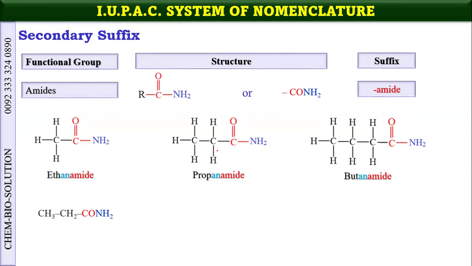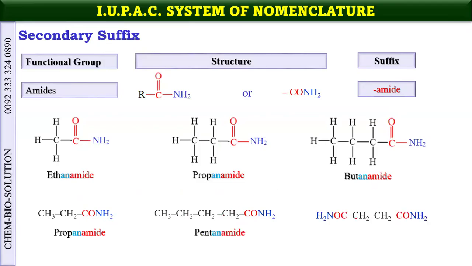So this is not the fully displayed formula, but the partially displayed formula. And this is the structural formula, propanamide. Both are the same thing. And 1, 2, 3, 4, 5, pentanamide. And this is the diamide. So butanediamide. Again, amide also has only one free valency that could be bonded to the alkyl, so it is always on the terminal. So this is butanediamide.